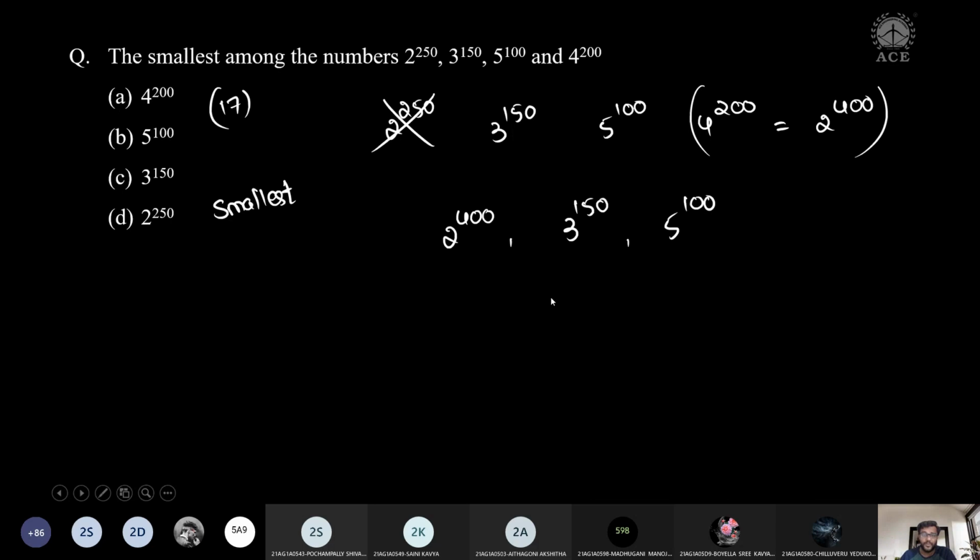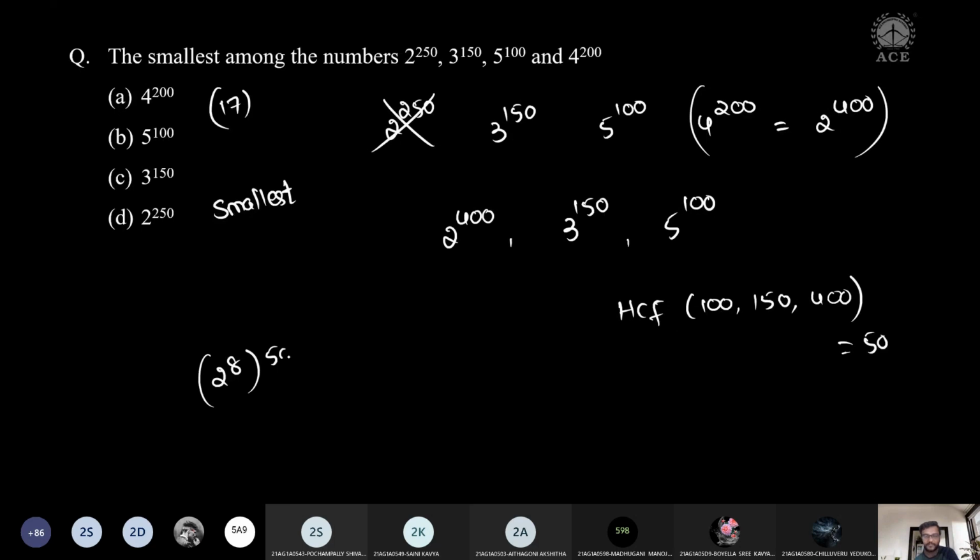What you should do, you should do HCF for power values, which is 50 only, 52 times, 53 times, 58 times. It's not 100, 150 is not 100 multiple, 50 only. So what you can do, this is 2 power 8 whole power 50, 3 power 3 whole power 50, 5 square whole power 50, my dear friends.